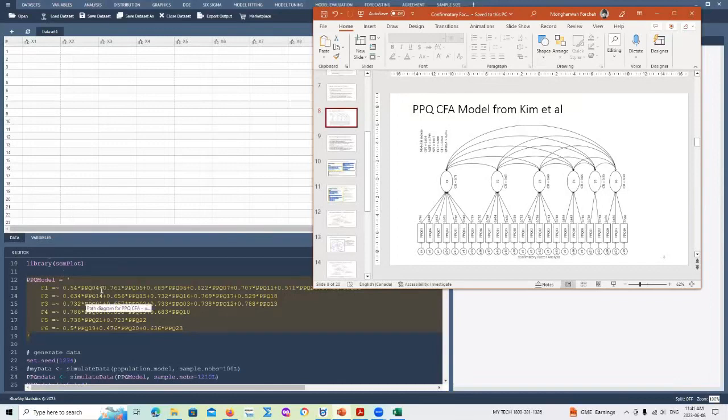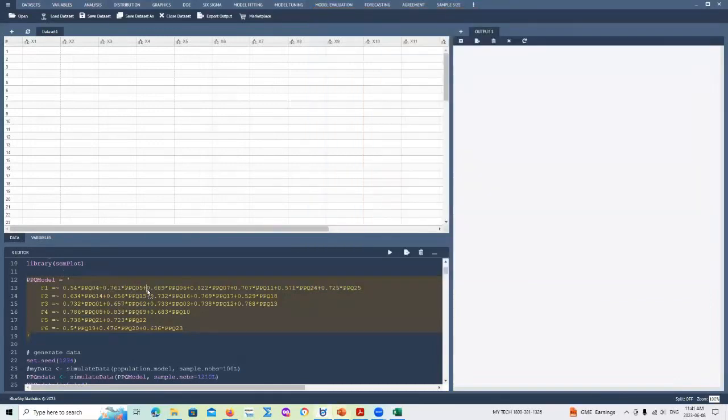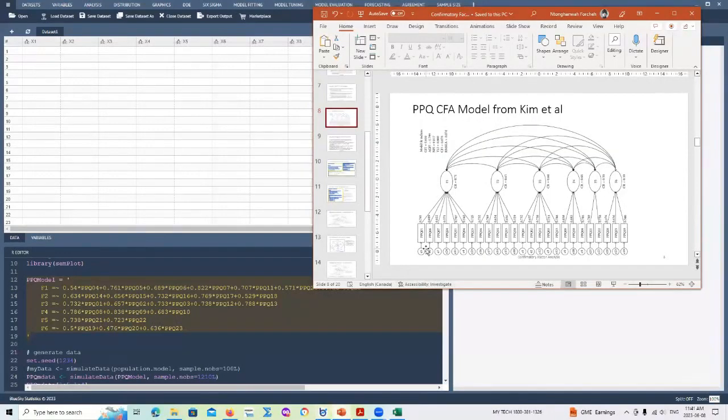0.761. Where is that? I think maybe I must have rearranged it somehow. So 0.761 times that. I think this is a bit rearranged because I tend to use Excel to do this. So my variables are arranged in order, whereas here they were not arranged in order.